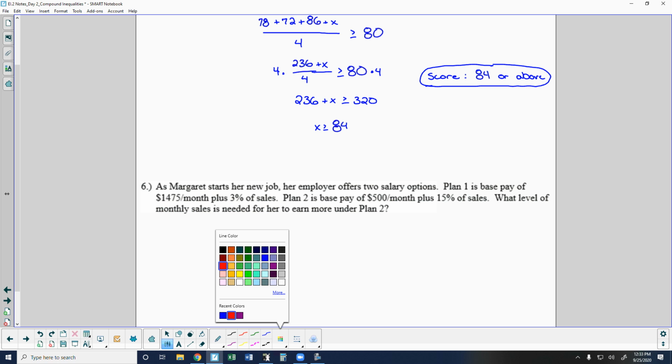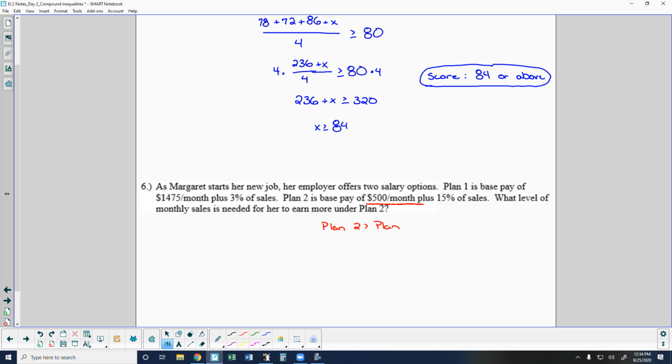So before I even started writing equations here, let's say we want to earn more under Plan 2. So what we want is for Plan 2 to be greater than Plan 1. So let's figure out what Plan 2 is going to represent. So this is $500 a month plus 15% of sales.